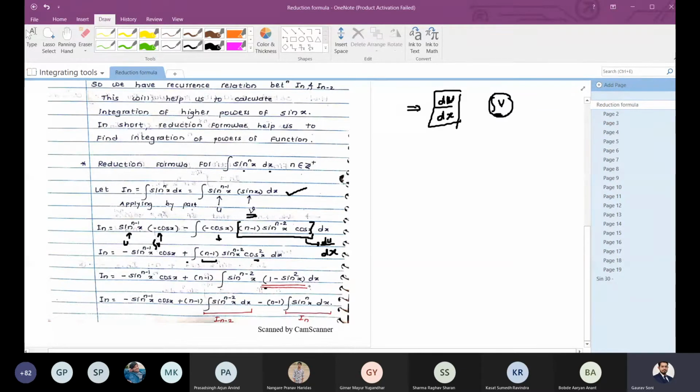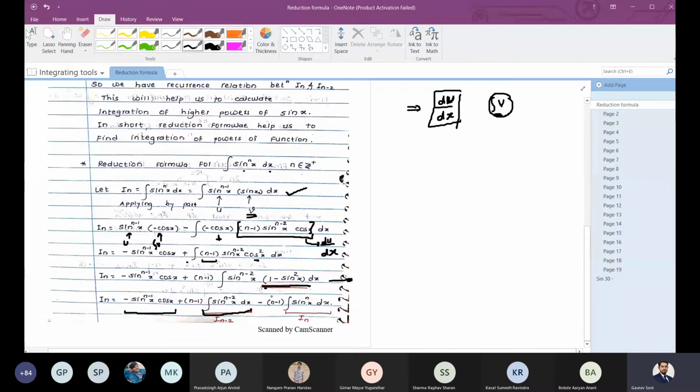You can see this. And there is this n minus 1. I hope everything is clear up to this. Later we open the bracket. In is equal to minus sine raised to n minus 1 x cos x, the first term as it is. The second one, n minus 1 integration of sine raised to n minus 2 x.